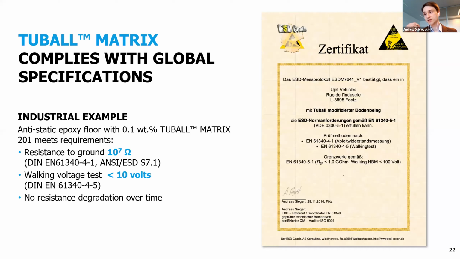And with our material, it is easy to achieve the minimum voltage generation at the level of 10 or maximum 20 volts. So for our customers, it was a very big advantage against the other electrically conductive coatings, because it gives them the ability to perform much safer in comparison with the other solutions.